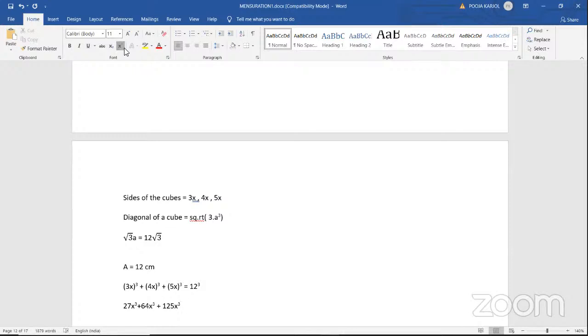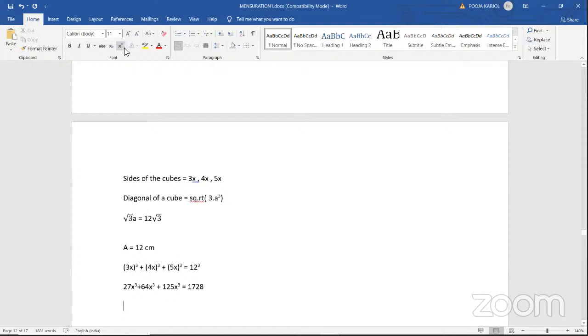This is equal to what? 12 cube is 1728. When you add them, 27 plus 64 plus 125 is 216x cube equal to 1728.